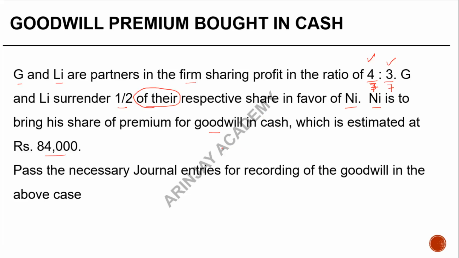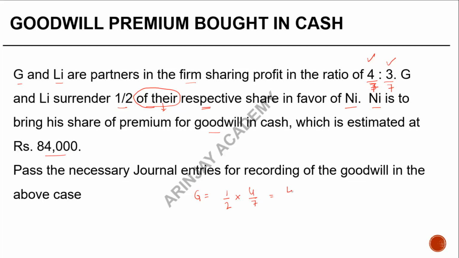Now, what is the sacrificing ratio between the partners? Let's solve it here only. When I talk about G, what is the sacrifice he's given? He's given half of his respective share, or in other words, he's given up half of his share. How much was his share? His share was 4/7.